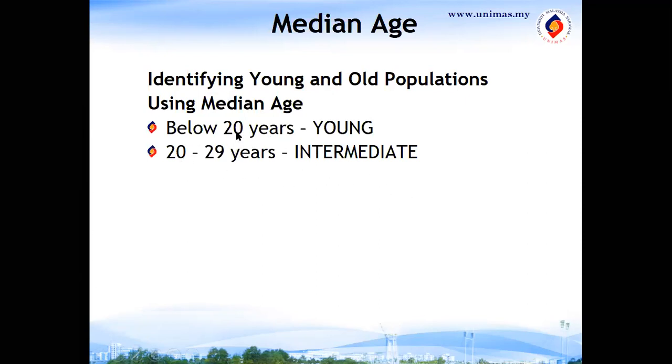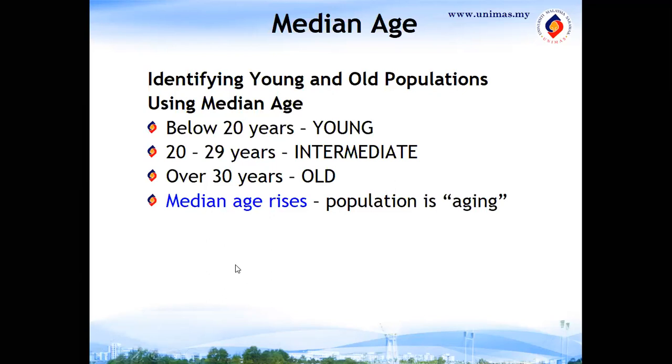Betul lah, below 20 years, this is 20 to 29, that is considered as intermediate population, ya, neither old or young. Ya, kalau ianya lebih daripada 30 tahun, the median age is more than 30, that population is considered as old population.